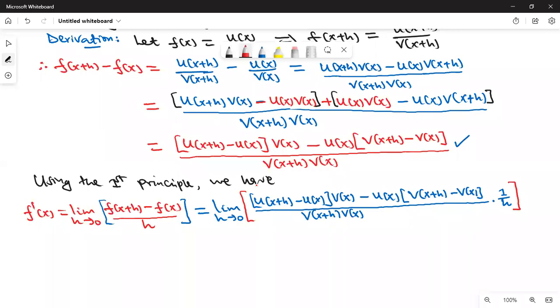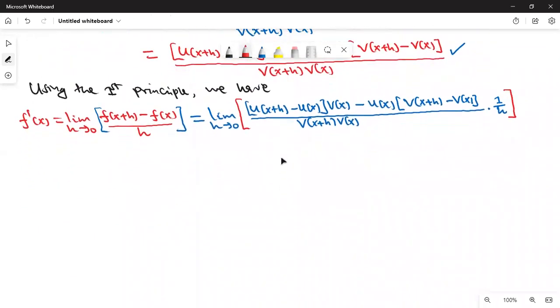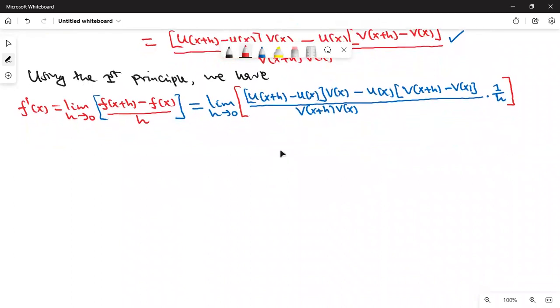Now this thing can also be written as, because you see I can split this limit into two parts. We are distributing the limit. So you split it into two parts. So we are going to get, this is now the limit.